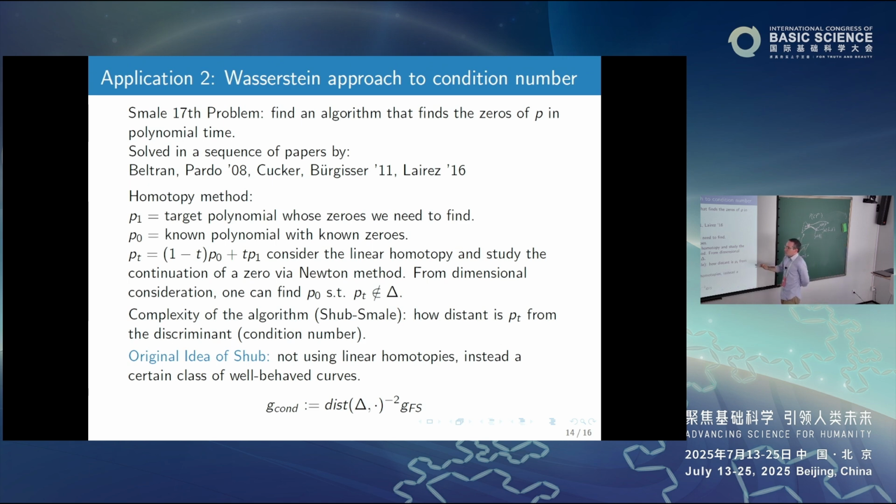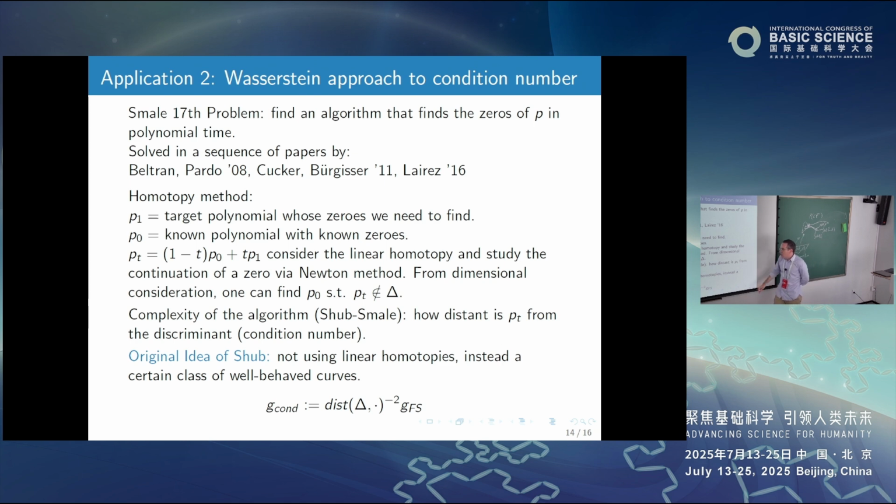This was the approach pursued by Lairez, Bürgisser, and Cucker. So they choose, in a very smart way, P0 so that Pt is sufficiently far away from the discriminant. There was a probabilistic approach, a random algorithm, then it was randomized. Anyway, this was, in very few words, the underlying idea behind this approach.